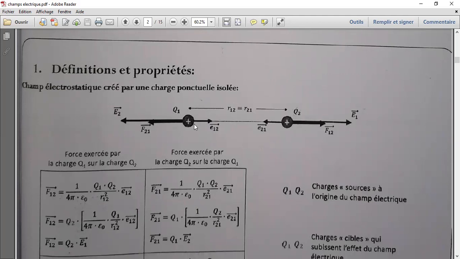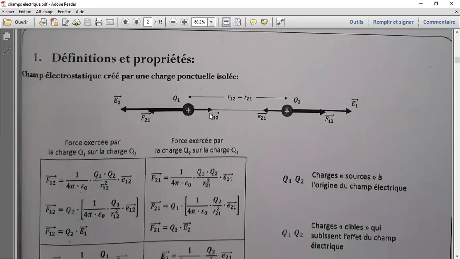So here you see the force exercée par la charge Q1 sur la charge Q2. This is Q1, this is Q2. Let's start with Q1. We know that Q1 is exerting a force on Q2.